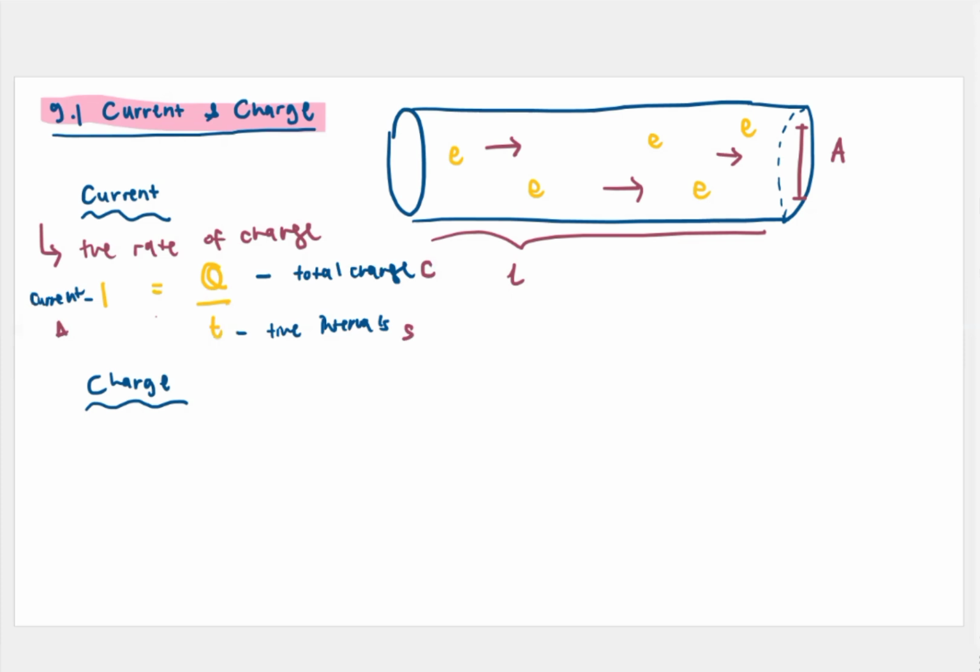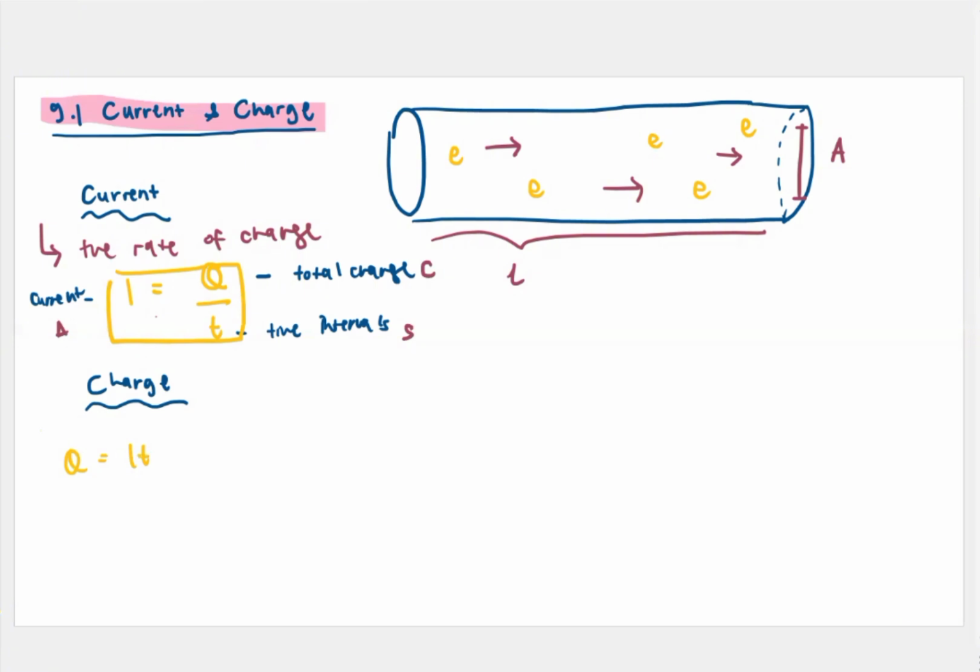Q is equal to the charge, the current times its time. Now, this is our equation. Alright, I feel like I should box it, so it's clear.